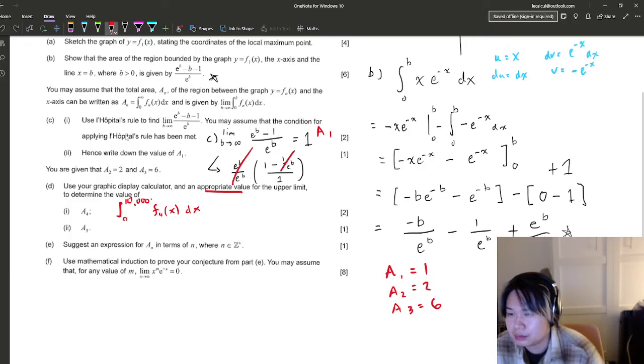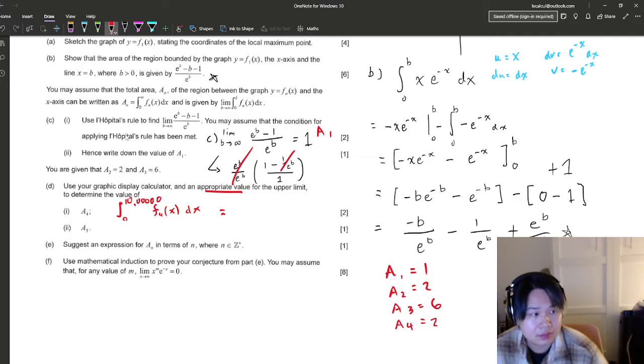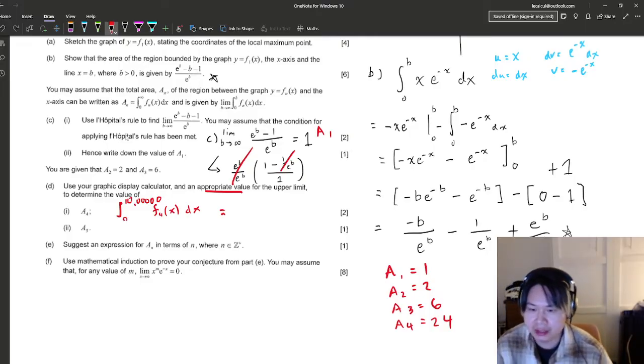More zeros. Okay, so A4 is 24. Okay, and then we'll do the same thing with A5.